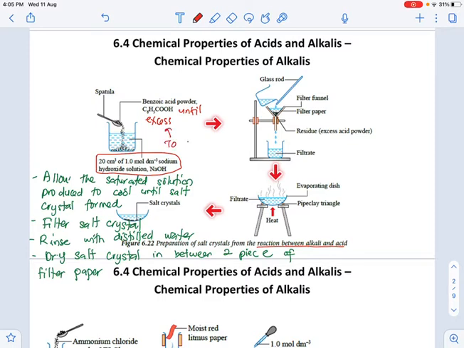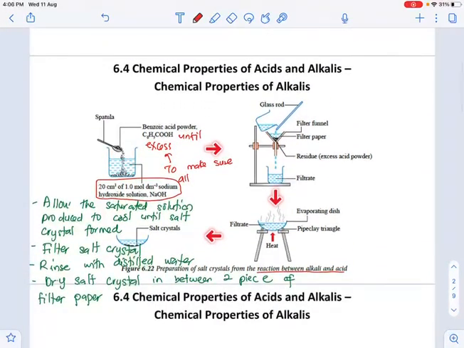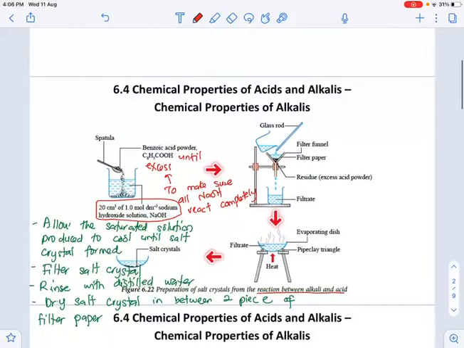To make sure all the sodium hydroxide reacts completely. Alright, so let's write the chemical equation first between sodium hydroxide and benzoic acid.